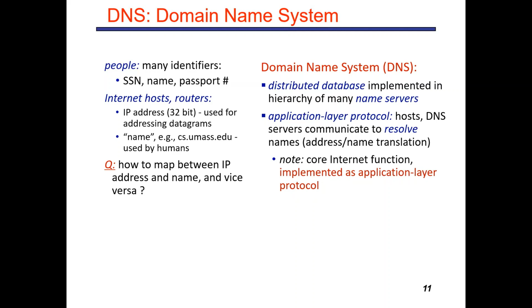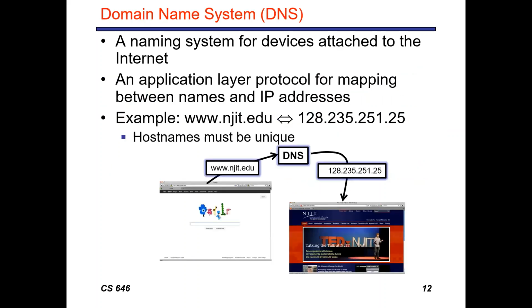As I mentioned, it's an application layer protocol, and without DNS it's difficult to communicate on the internet. Every operating system, when you install it, has a DNS client program or process running. You can easily check in Windows as well as Linux whether the DNS service is running on your system or not.